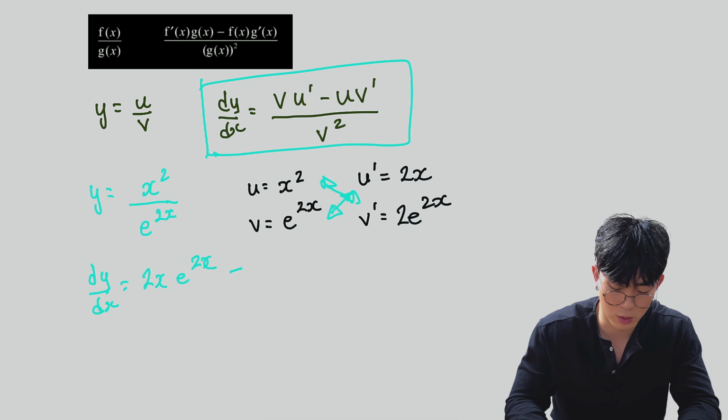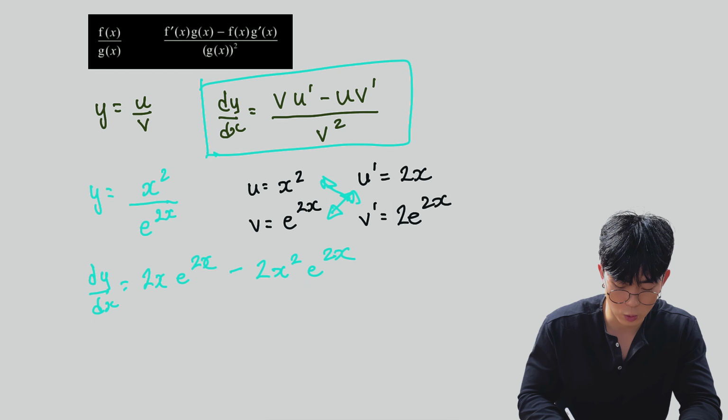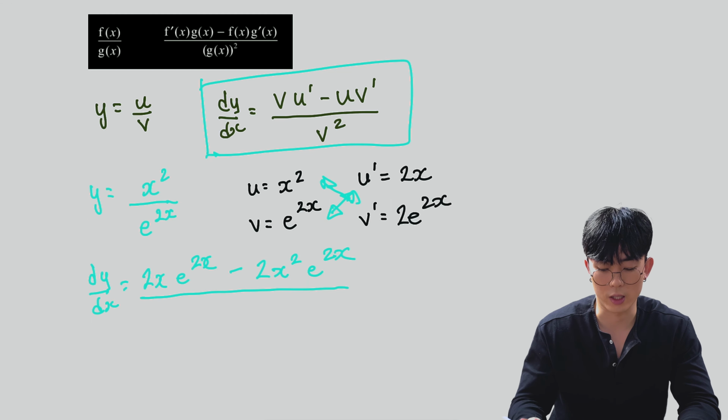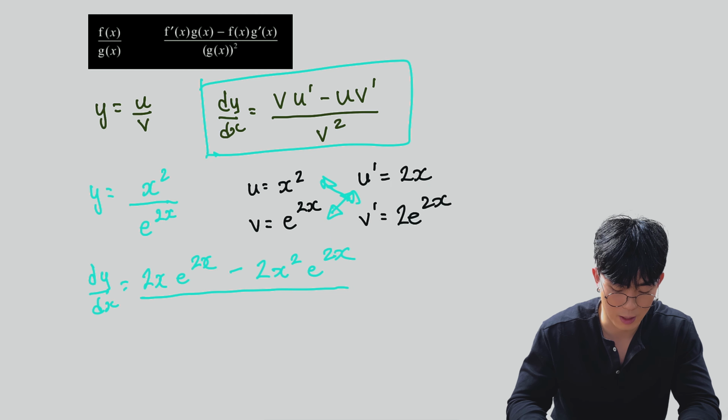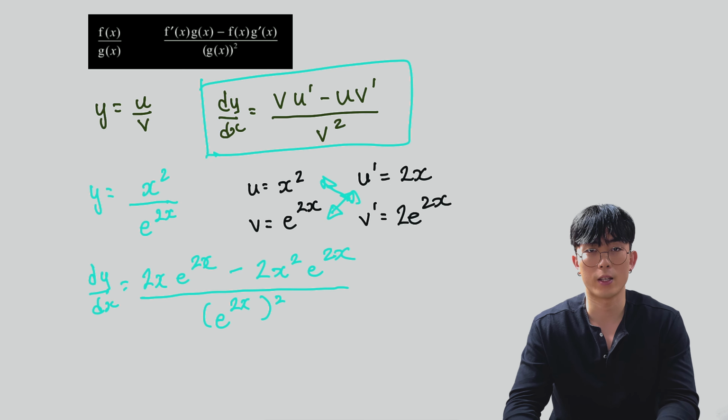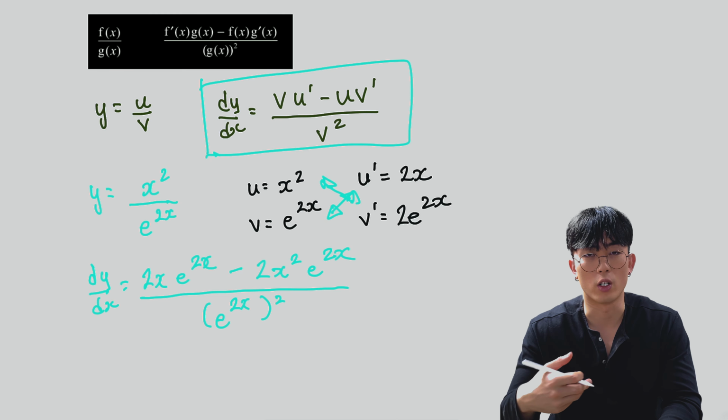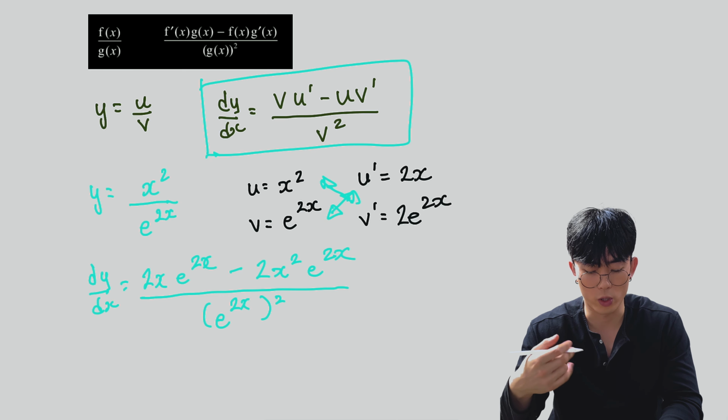So that's going to be 2x squared e to the 2x, like this. And that's all over v squared, okay? And our v was e to the 2x, so it's going to be e to the 2x squared, like this, okay? And so this will be the derivative of our initial y. Obviously, you can cancel it out and make it more simple, which they do want you to do in exams.